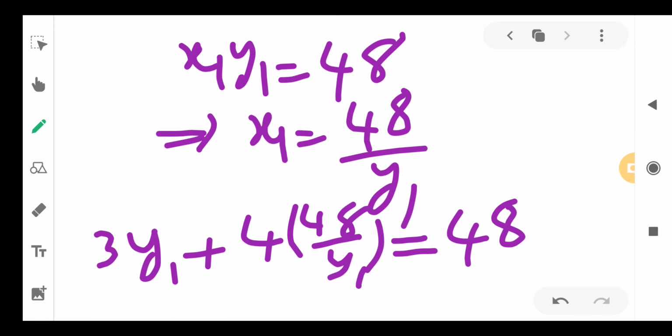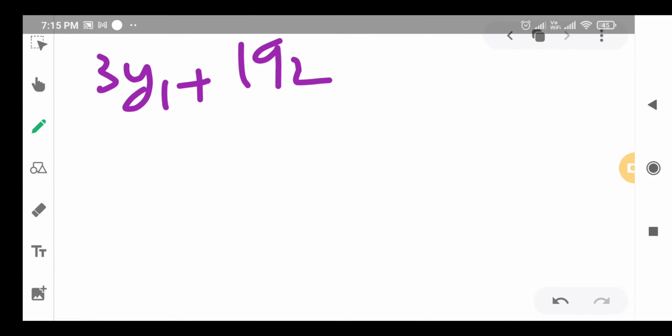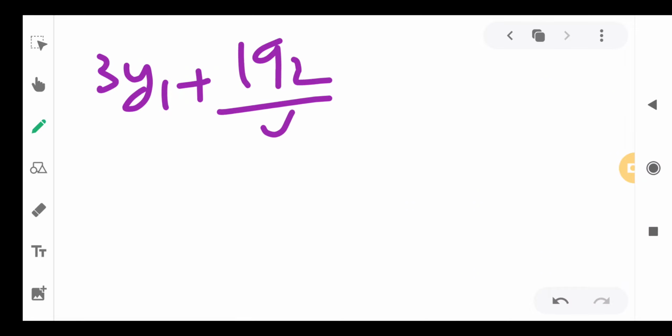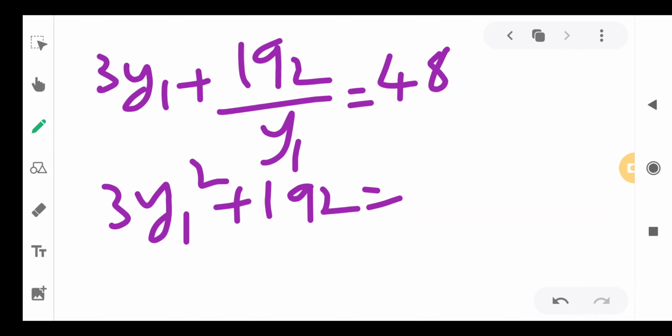This after simplification becomes 3y1 plus 4 into 48, 192 by y1, is equal to 48. I cross multiply: 3y1 square plus 192 is equal to 48 y1.